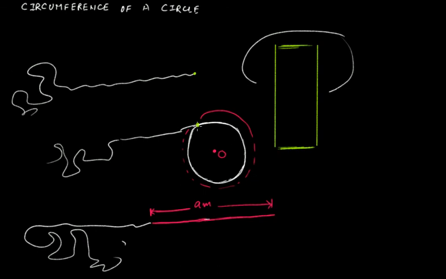Therefore, this portion will be a meter, and that's what circumference is. So if this was a thread that was forming this circle, and the length of this portion of the thread is a meter, then the length of this portion will also be a meter, and that's what the circumference is.